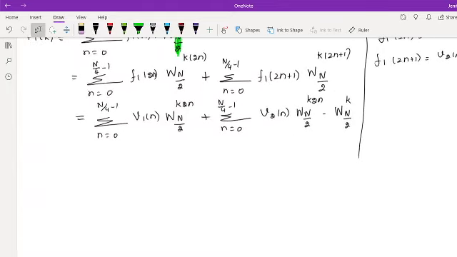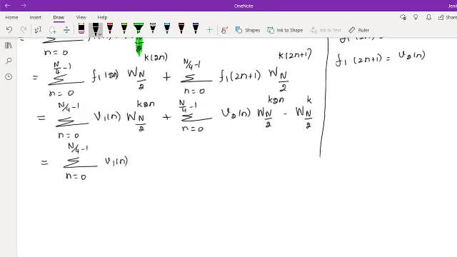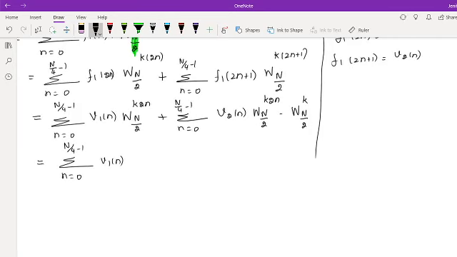So now we can represent this as summation n equals 0 to N by 4 minus 1 of v1 of n, and W_{N/2} power k2n can be represented with the 2 in the denominator. This we already discussed in the beginning.